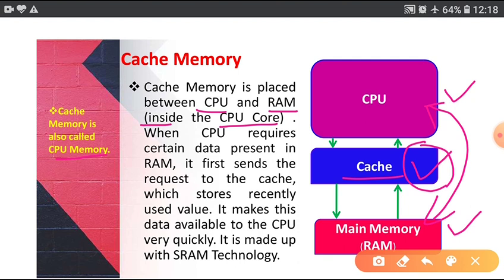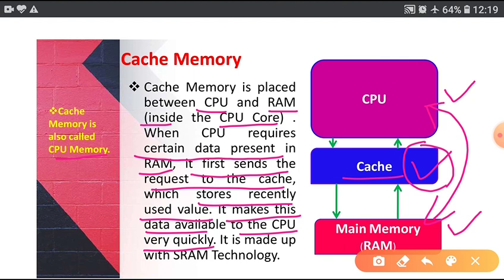When the CPU requires certain data present in RAM, it first sends the request to the cache, which stores recently used values. It makes this data available to the CPU very quickly. It means cache memory is used to maintain the speed gap between the CPU and RAM.